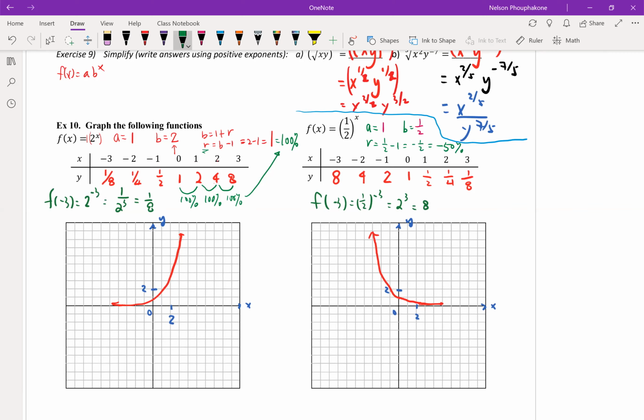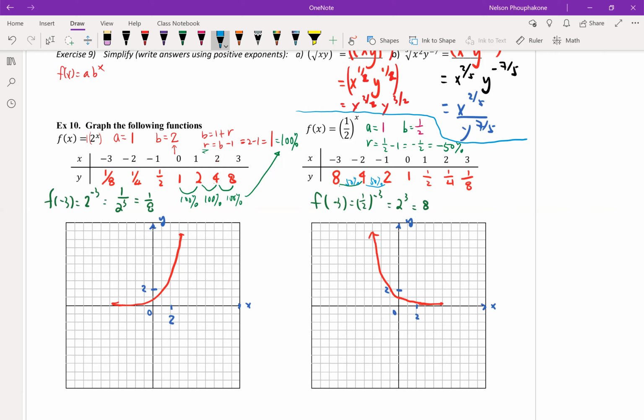Again, do you see that from 8 to 4, it is decreased by 4 units? 4 is half of the 8, which is a decrease of 50%. From 4 to 2, again, it is decreased by 2 units. 2 is, again, half of the 4.